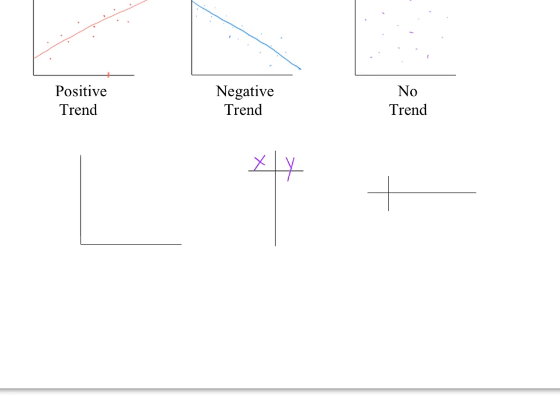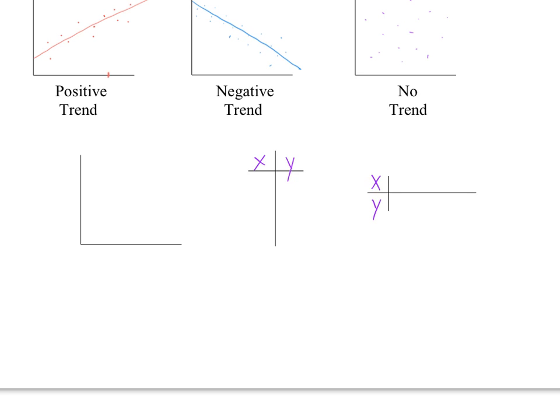Not like stem and leaf. This would be like coordinates. Okay. And then same with this horizontal one, X would be on the top 99.9% of the time, and Y would be on the bottom.